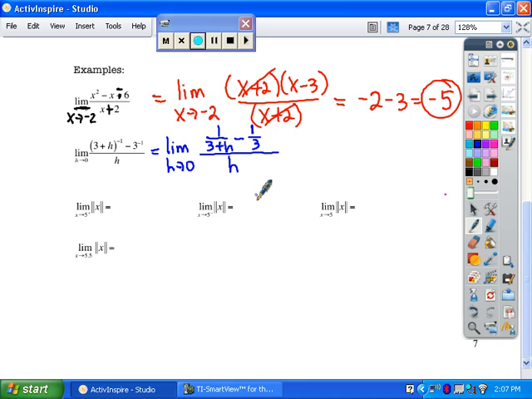Okay, so then what do you do next to try to simplify this complex fraction? On the top? We can do that, or we could multiply it. It doesn't really matter. I guess if we get the common denominator on the top, we would multiply these two together. So it would be 3 times 3 plus h.